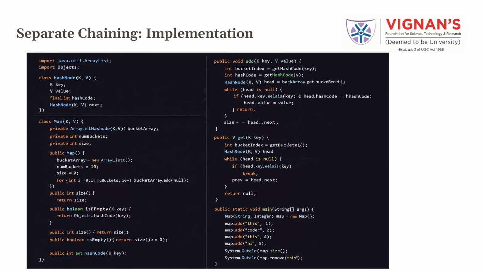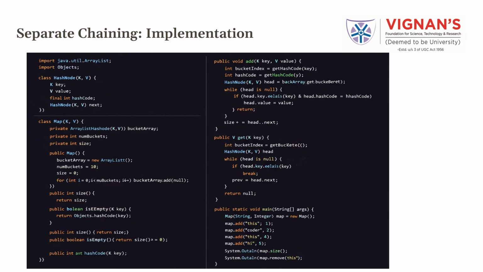Separate chaining implementation. The hash table is represented as an array of buckets, where each bucket stores a linked list of nodes. Each node contains a key, a value, and a reference to the next node in the chain. When inserting an element, the hash index is calculated using the hash function. If the bucket at that index is empty, a new node is created and stored there.